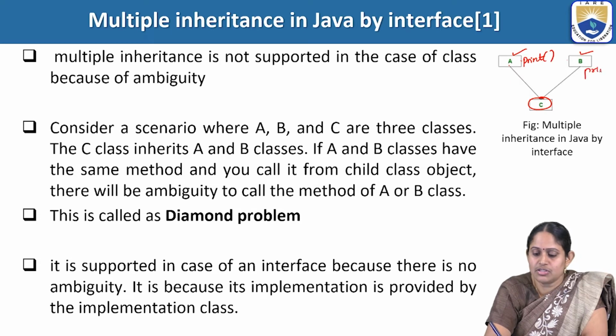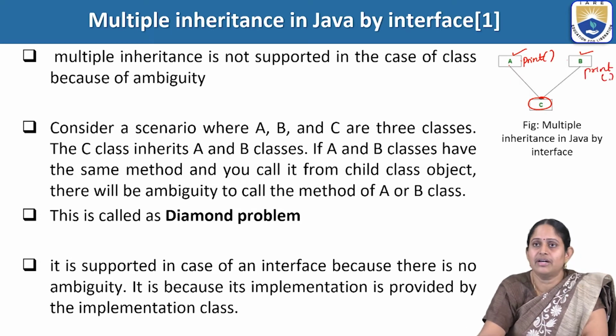Similarly, class B also has a method named print. So these two classes have a method with the same name.